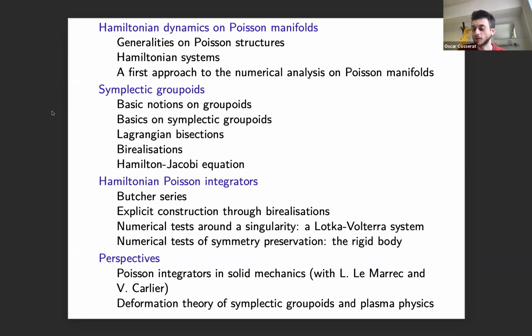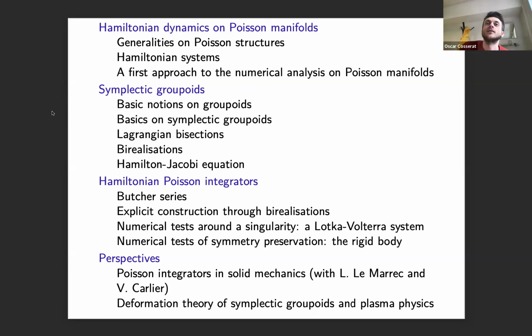So in the first lecture, we have seen that traditional numerical methods could not perform well on Hamiltonian vector fields on a Poisson manifold because of this symplectic foliation, which is an invariant that is too rich and too subtle to be handled by traditional numerical methods. So the message of the lecture of last week was that symplectic groupoids are a nice tool to deal with symplectic foliation.